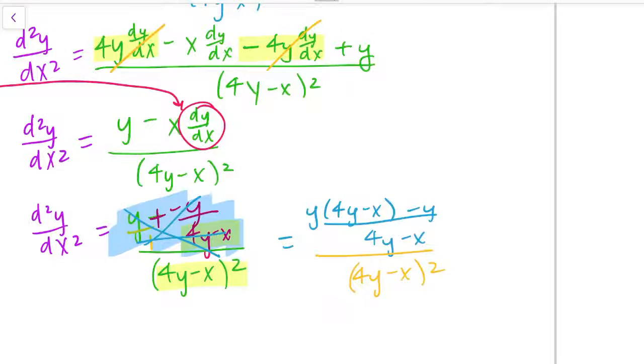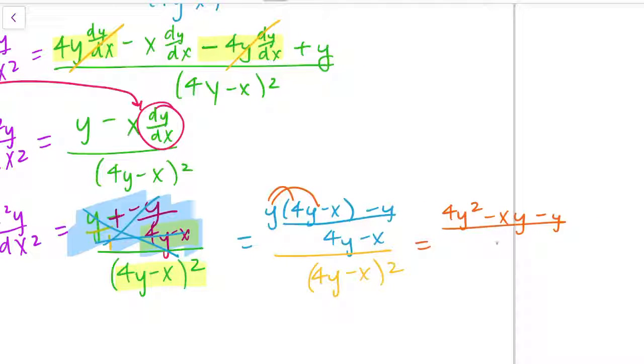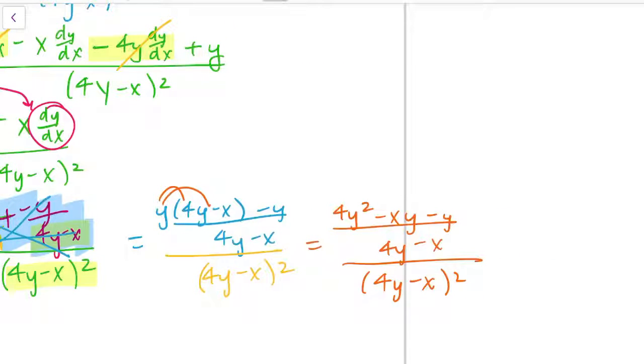Getting there. Then we distribute. So we have 4y squared minus xy minus y over 4y minus x over 4y minus x quantity squared. Well, 4y minus x quantity squared is just what we are dividing by.